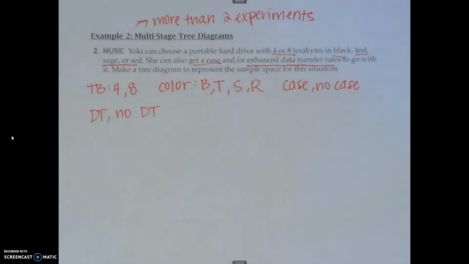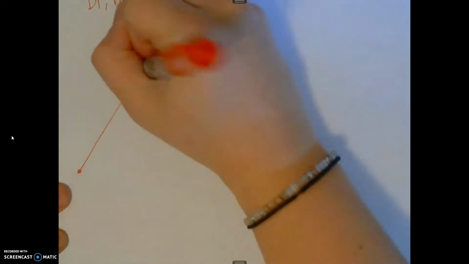And we want to make a tree diagram to represent the situation. So we're going to make some room because this is going to take a lot of space. So we'll start with the dot on the far left-hand side to indicate this is the start of our sample space. And we'll actually branch off into the first event, which was terabytes.